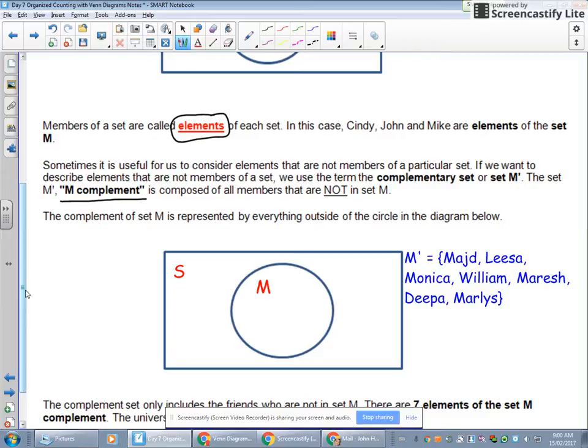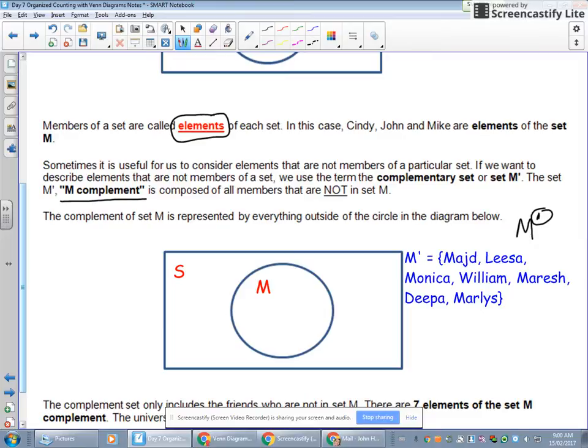So it's just the opposite. We also mark that with a prime, so M prime, or M apostrophe. It's this apostrophe mark at the top that refers to the complement of the set.